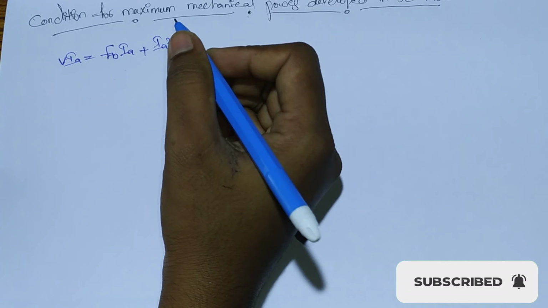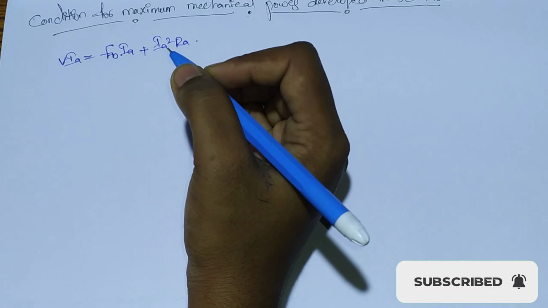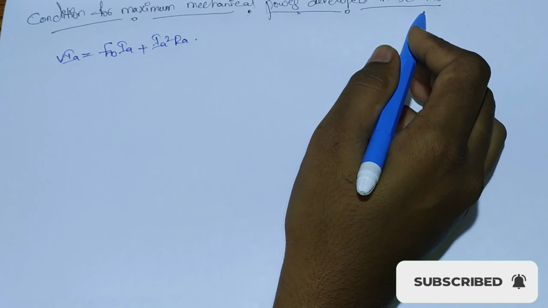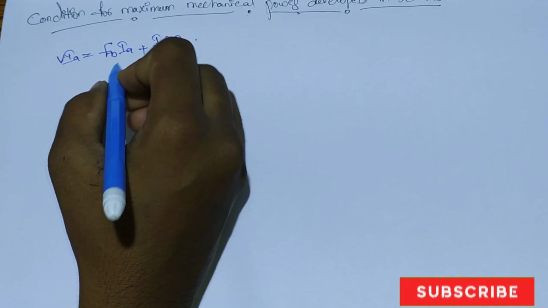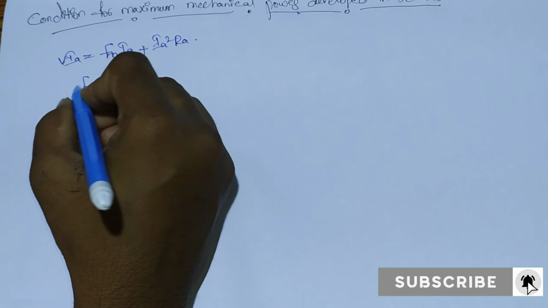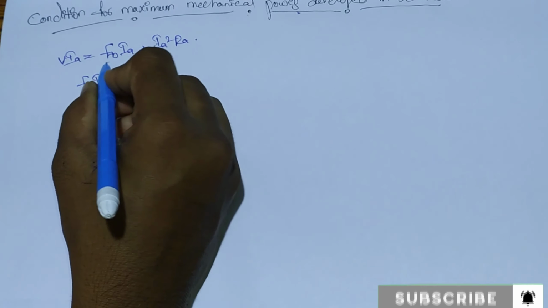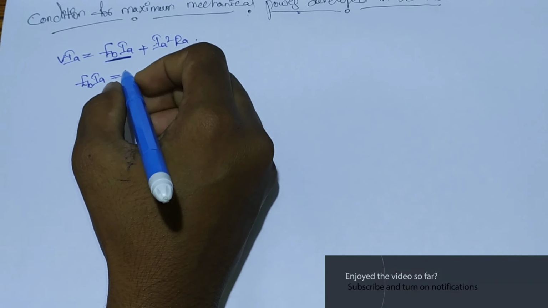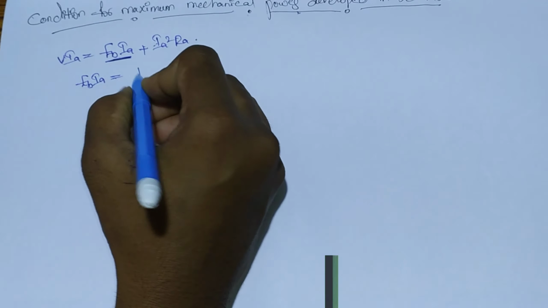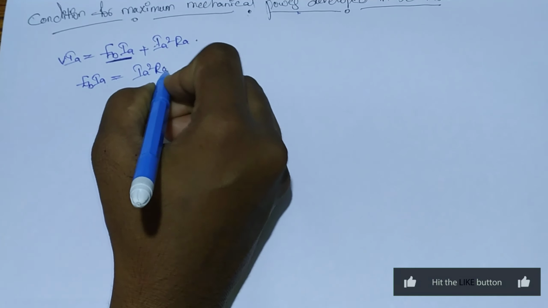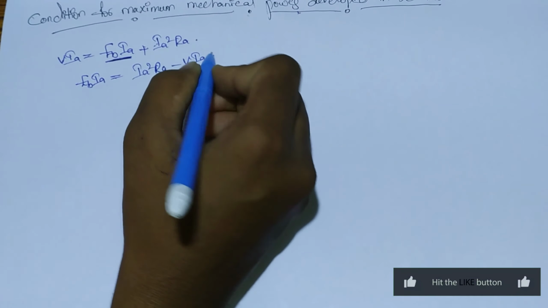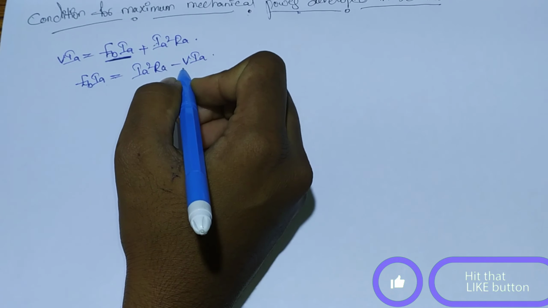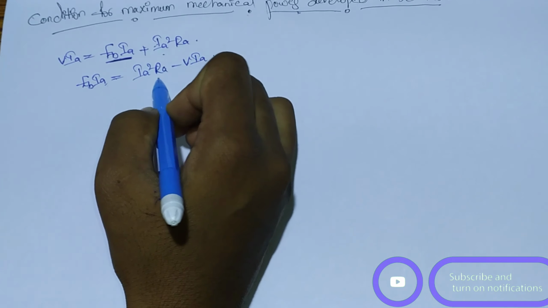Here we want the maximum mechanical power developed in the DC motor, and the mechanical power developed in the armature is EBIA. So equating, EBIA equal to IA square RA minus VIA. So we get minus VIA here. So EBIA equal to IA square RA.